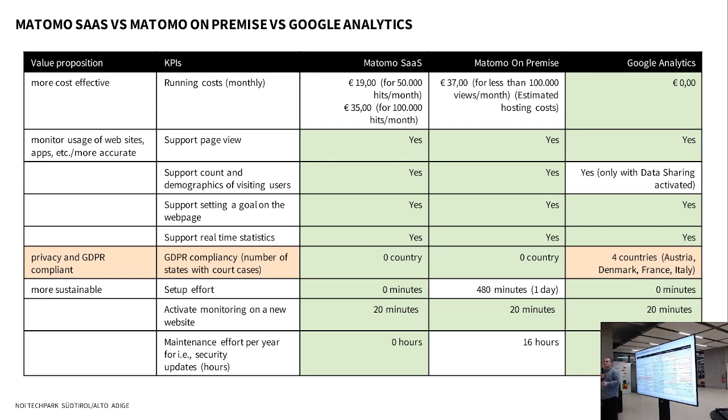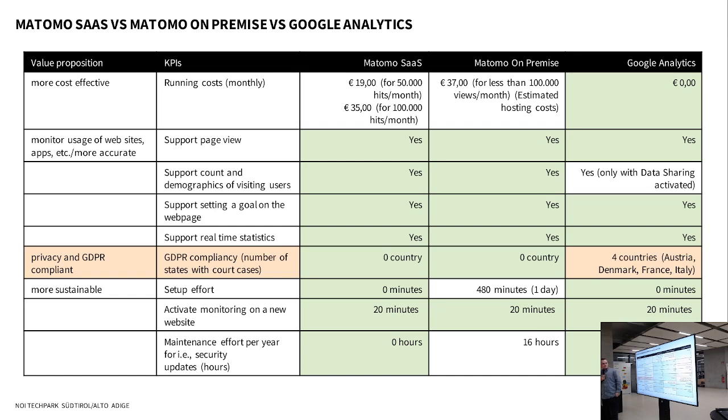It depends on how much effort you put in to reduce costs, but more or less you pay what you would pay on the cloud service. So we decided to use the software as a service, because it also saves you time: you don't have to set it up and you don't have to maintain the server and everything.